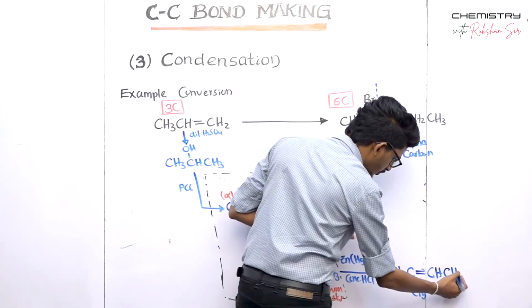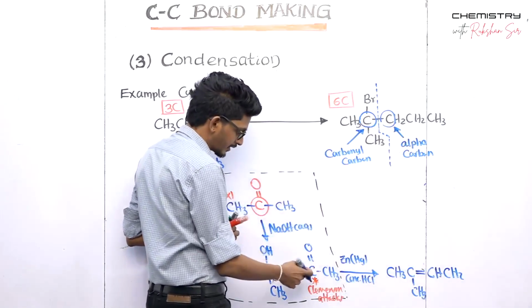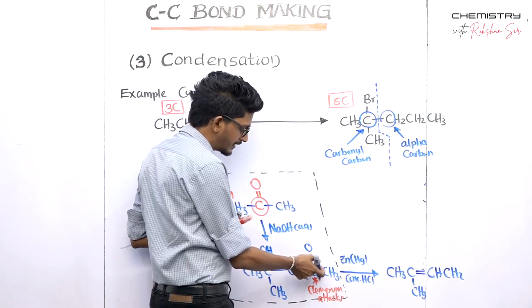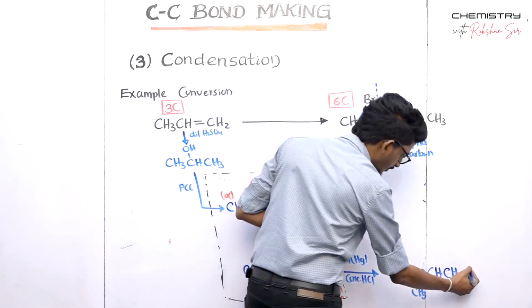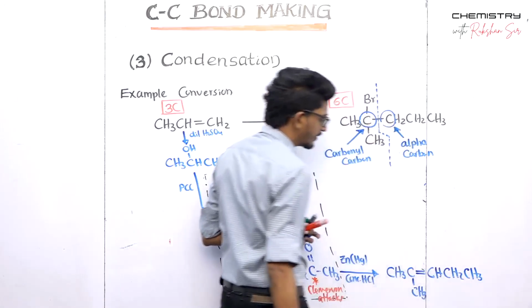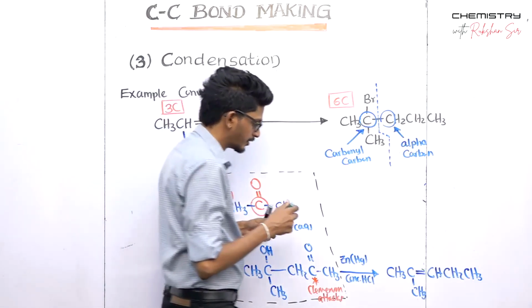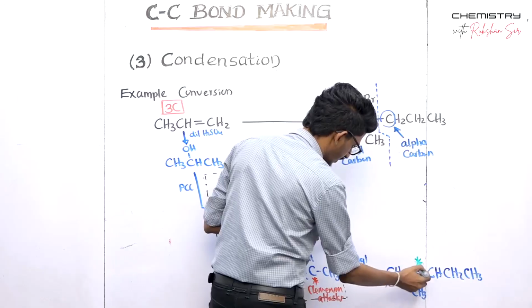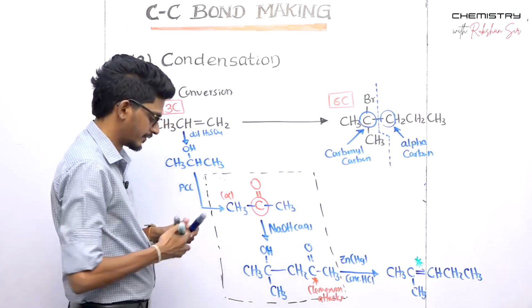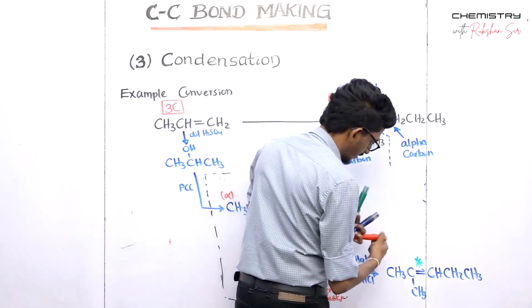That is the purpose of adding the Clemmensen reagent, and the CH3 is there. So that is your compound, right? I'll write some comment about this one. Okay, this is the Clemmensen attack.